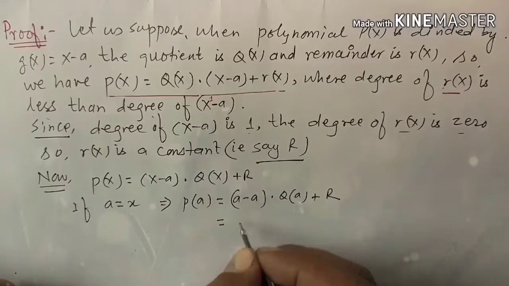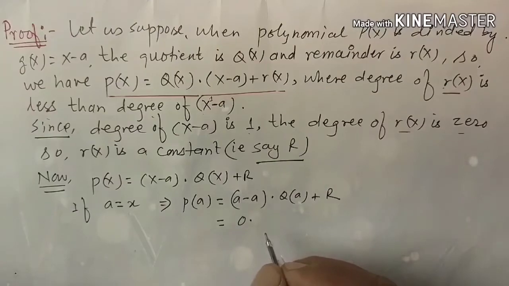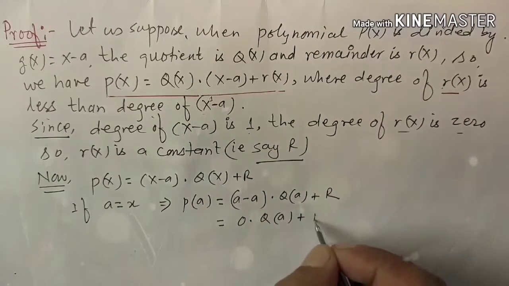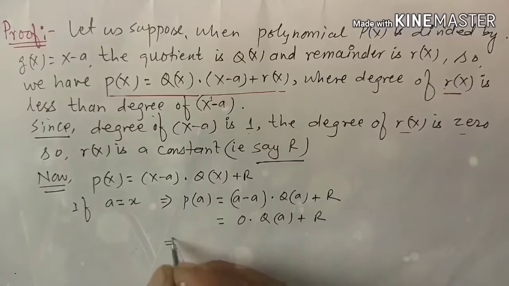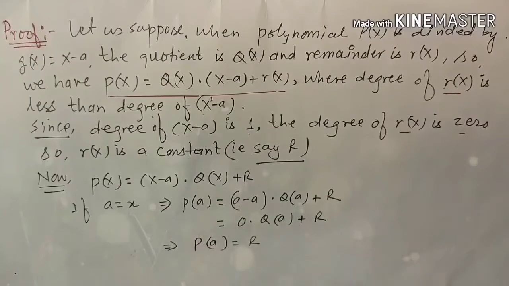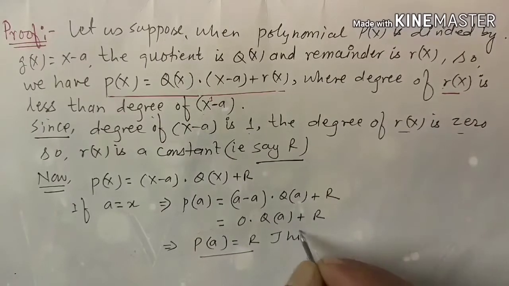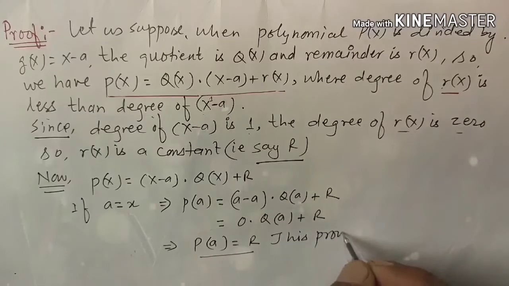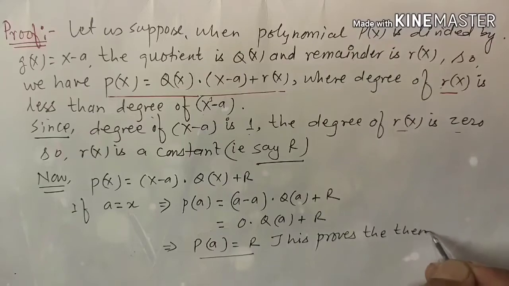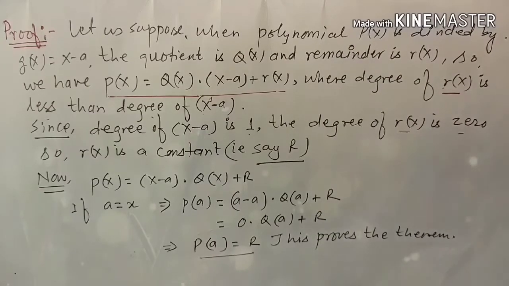Here a minus a is 0, so 0 dot q(a) plus r. This implies P(a) is equal to r. This proves the theorem.